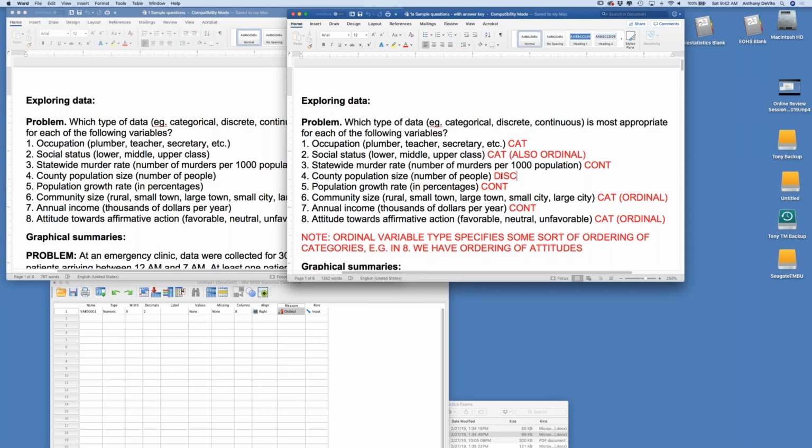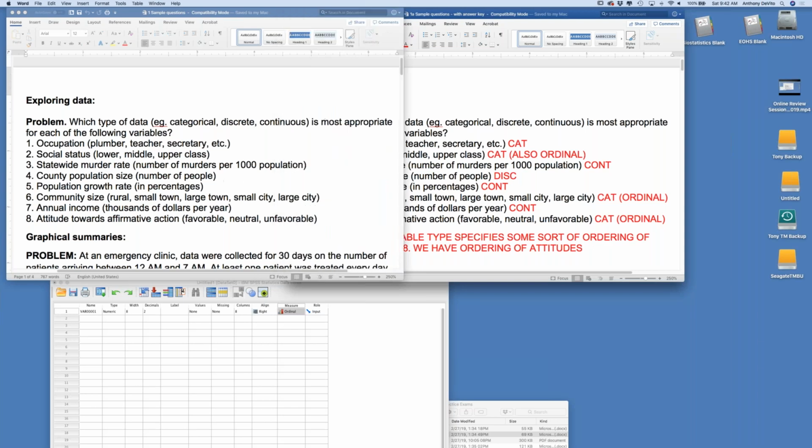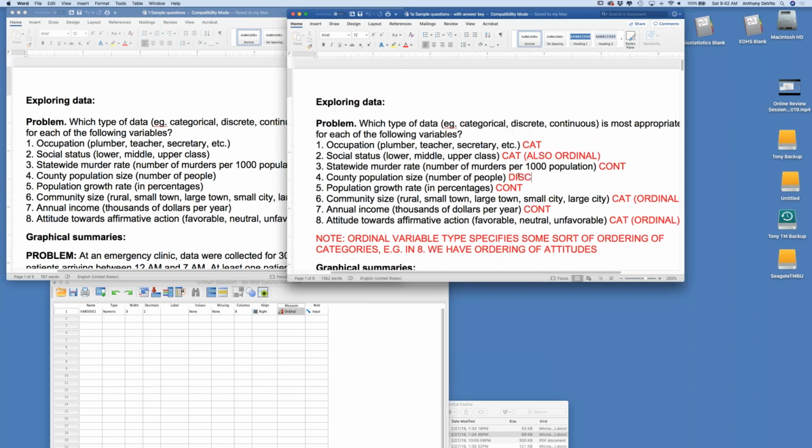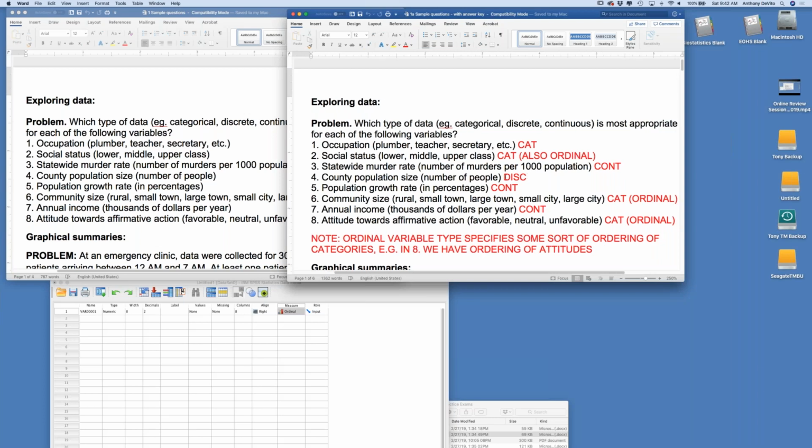In fact, in this particular example, our answer sheet calls it a discrete numerical variable. So based on what our answers are here, I'd probably say that you could use either one, but discrete would probably be the better answer here if it's offered.